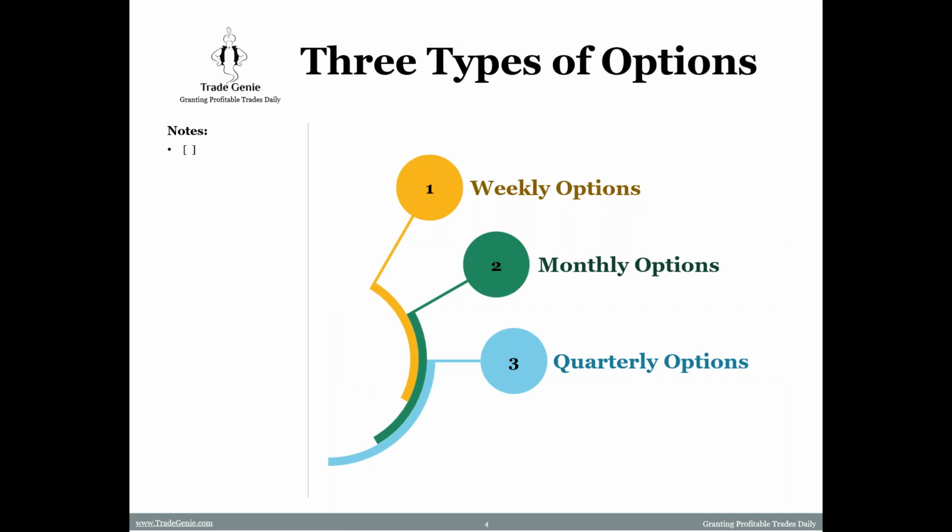Each option has a purpose and an expiration cycle. I'll go briefly over these weekly, monthly and quarterly options, and you can always Google these topics and learn on your own.